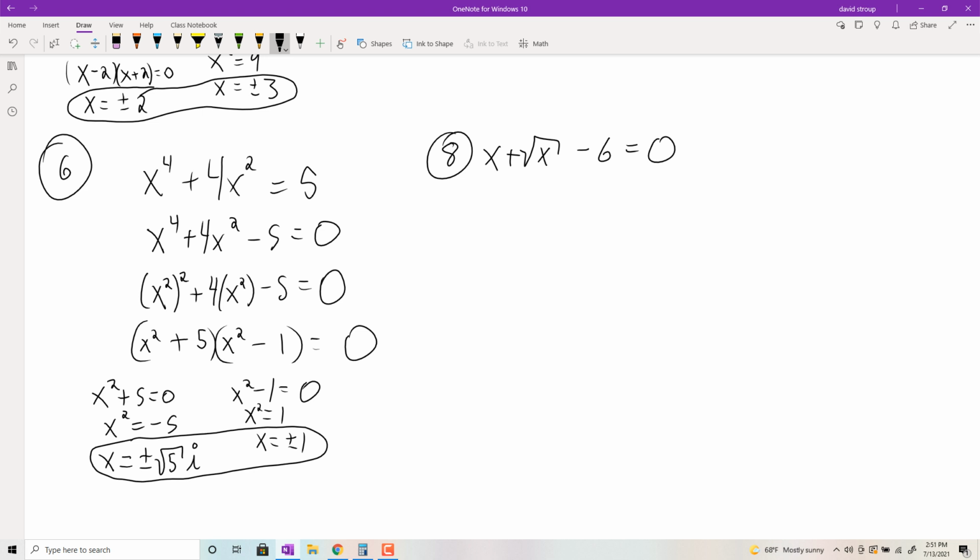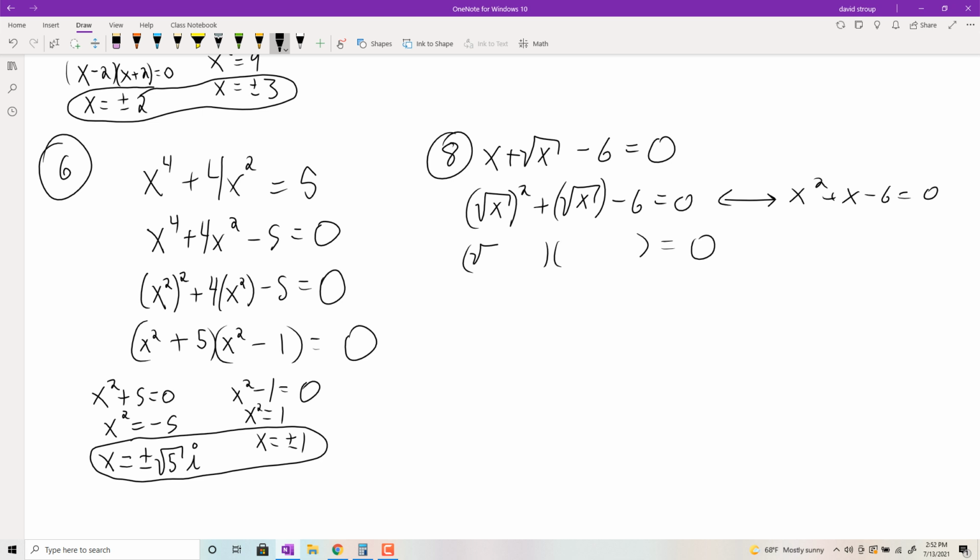But if you were to rewrite it as the square root of x, squared, plus the square root of x, minus 6, then it's just like x squared plus x minus 6 is 0. So you could factor that, except now with the square root of x instead of x. Okay, so we're going to go square root x and square root x. Then we need a plus, minus, and we need the bigger one to be plus. Then we're going to set each equal to 0.